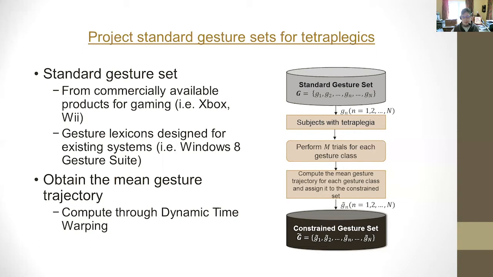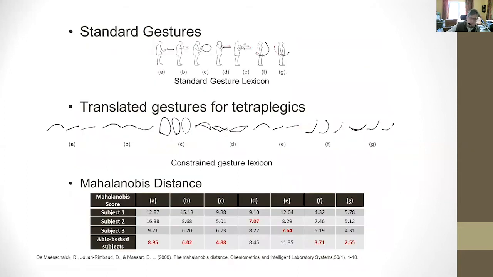We're able to find unique differences that were shared among this population of users. Then taking these features, we were able to then modify automatically or transform this standard gesture set to a whole new constrained gesture set or lexicon of gestures that are highly recognizable for tetraplegics.